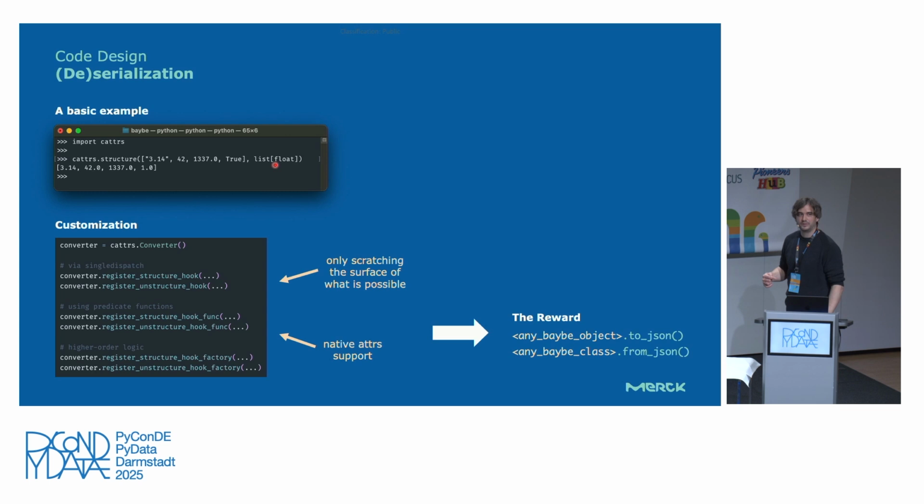And what you get if you do this rigorously for your entire class hierarchy, and this doesn't apply just for BayBE, you can do this for your own hierarchies, is something where you can now very easily call toJSON on any object, and it goes down through the hierarchy, serializes it, and you can easily deserialize it back into a Python object.